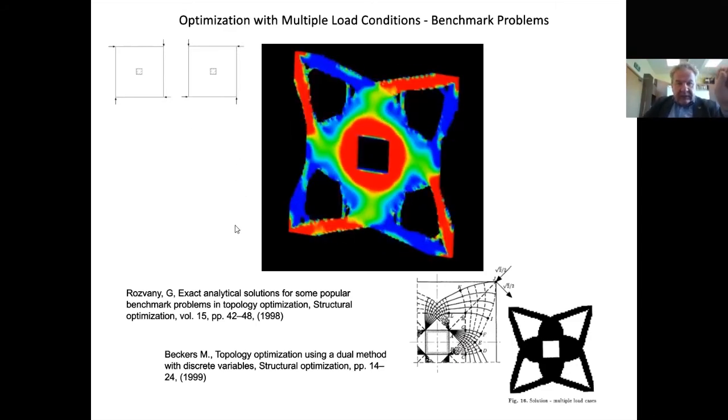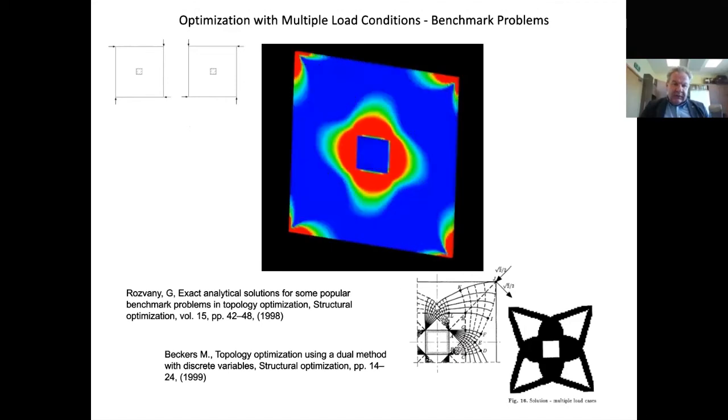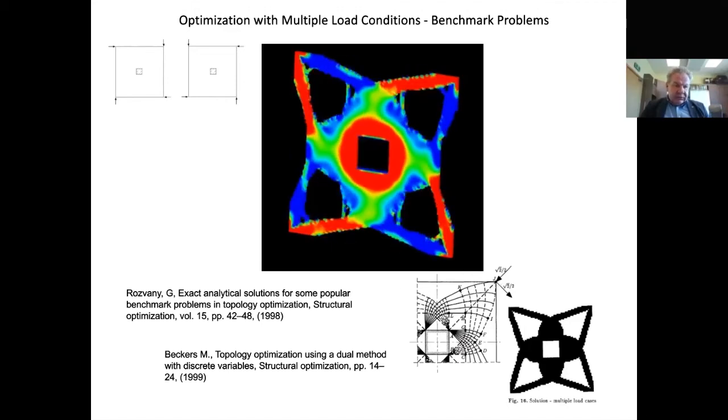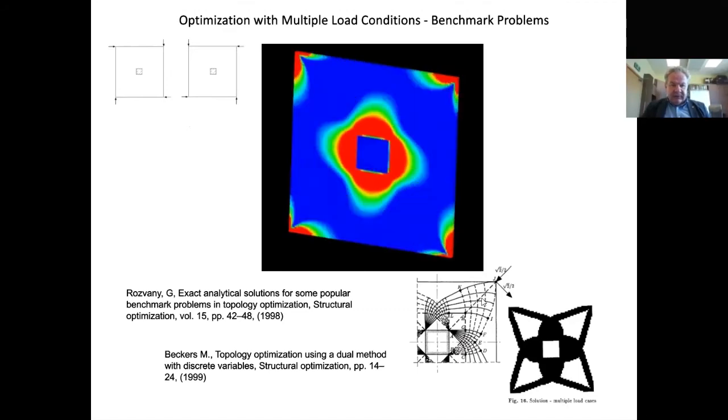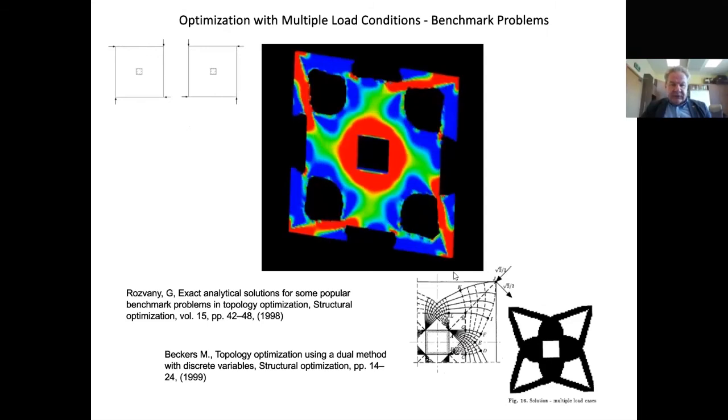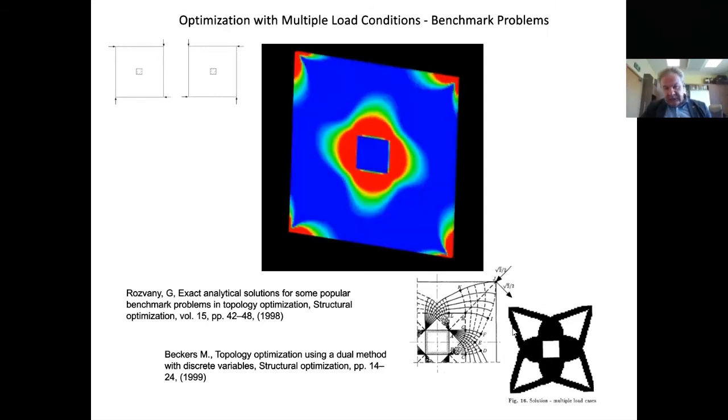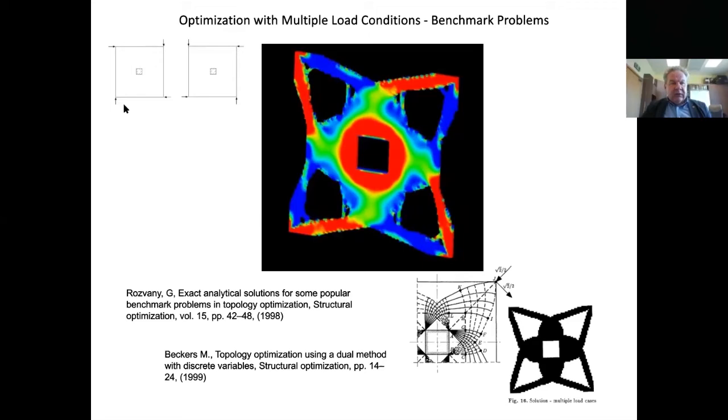And this is also one solution which is rather rare. There is the solution which we can now use for the comparison. Yeah. So this is the analytical solution for those two load cases.